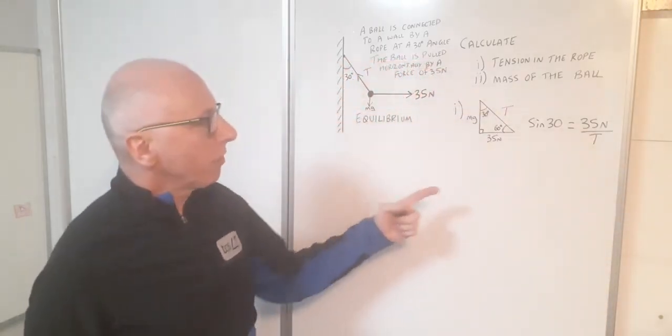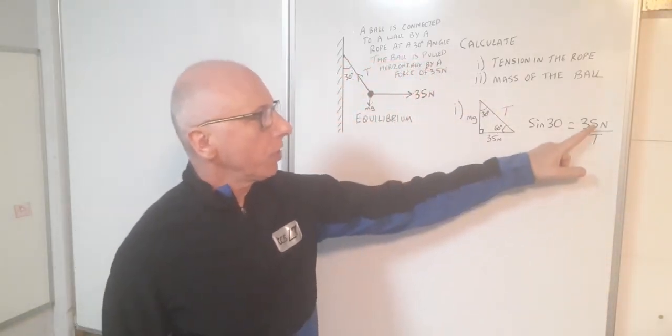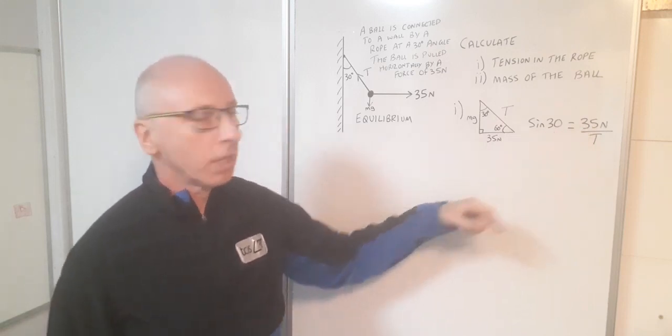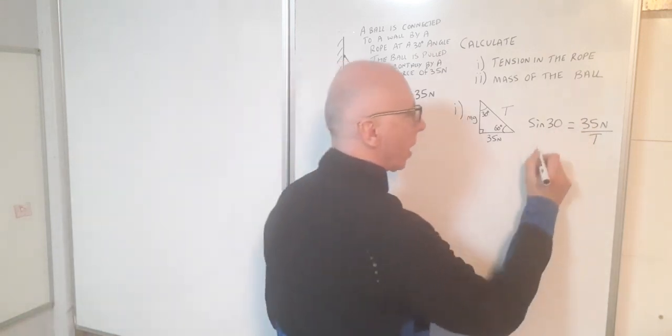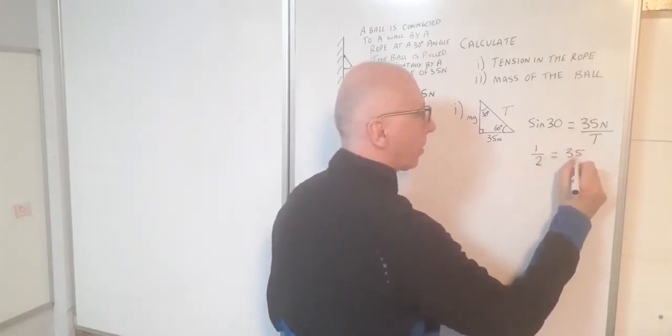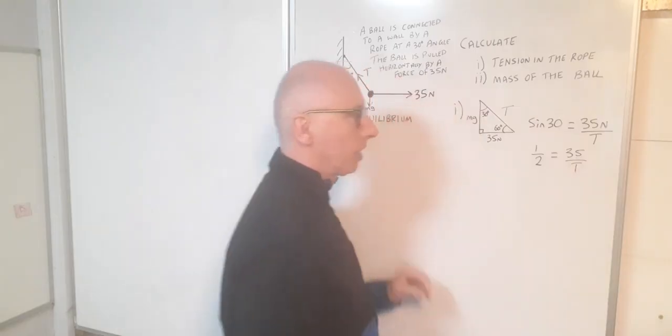So that's a pretty straightforward equation to solve. Just the 35 is a value and sine of 30 is also a value. So let's just plug in my value for sine 30. So sine of 30 is a half, and that's 35 over T.